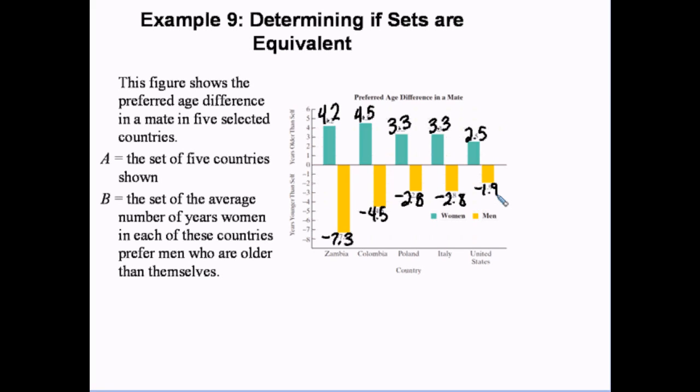Okay, so that's our data. Now, if we express these as sets, set A is the 5 countries, and set B is the average numbers of years the women prefer the men to be older.